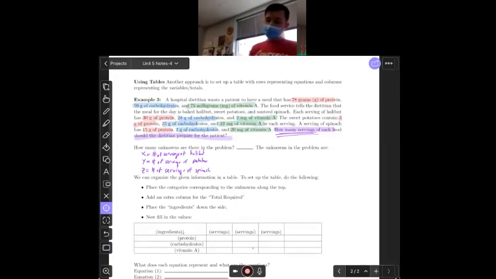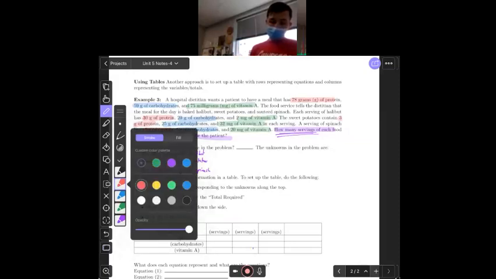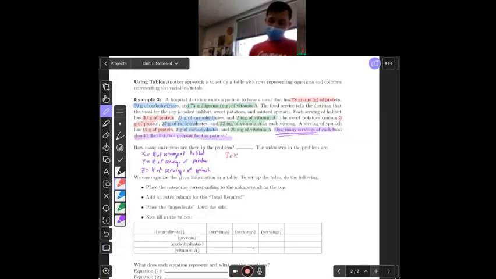Vitamin A has to add together to give my total vitamin A. So I'm just going to take all these things here in red and add them up to get the other thing in red. It would just look like this. And then I would do that with the other two, add all the things in blue, add all the things in green, and they would give me my equations and I could solve those.